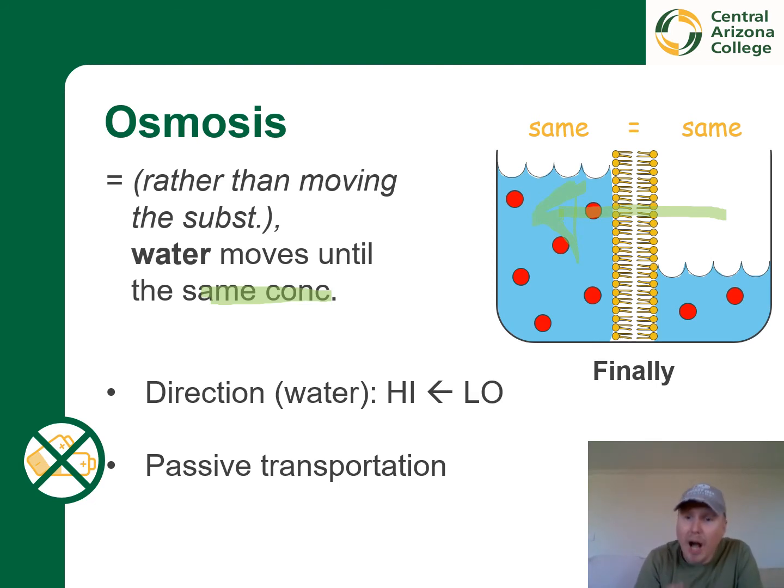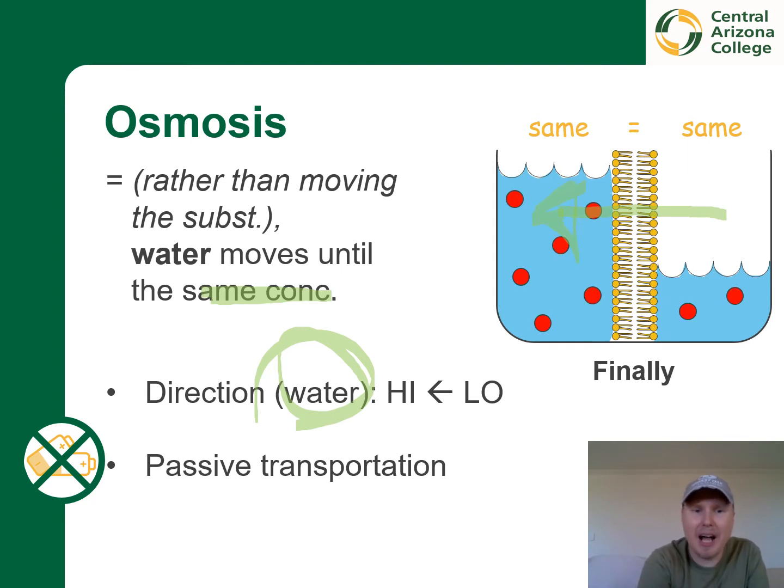And this water moves until we have the same concentration. Notice how water moved from an area of low concentration to the areas of high concentration until the concentration of this substance, symbolized by the red dots, is the same on both sides.